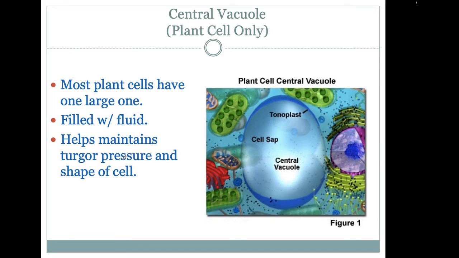This central vacuole is present only in plant cells. Most plant cells have one large vacuole filled with fluid, and it helps maintain structure, pressure and shape of the cells.